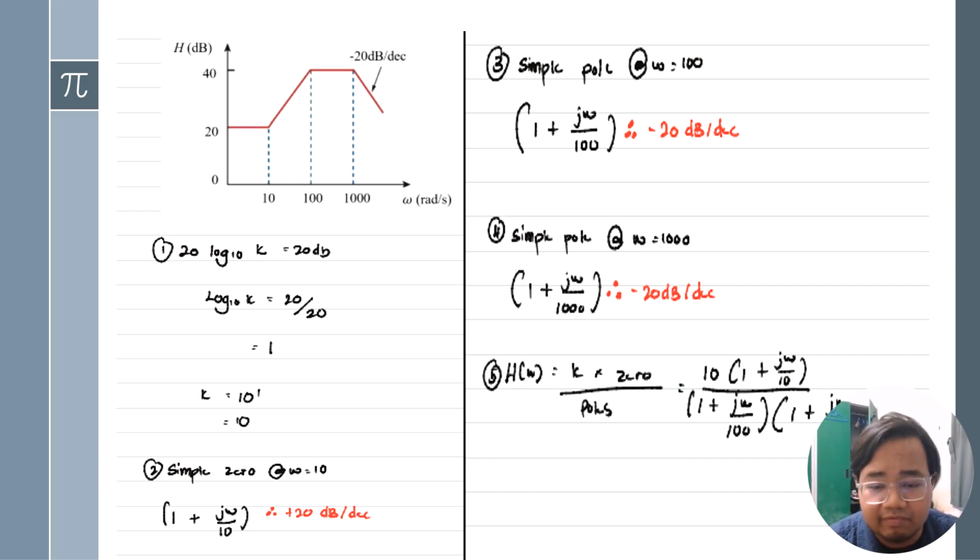So we find that H omega equal to 10 times (1 plus j omega per 10) per (1 plus j omega per 100) multiplied by (1 plus j omega per 1000). So we can see the graph can be broken down into individual components: constant gain, a zero causing the rise, and two poles causing the flattening and the fall.